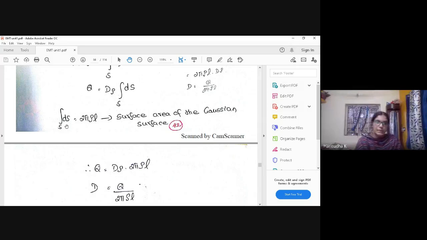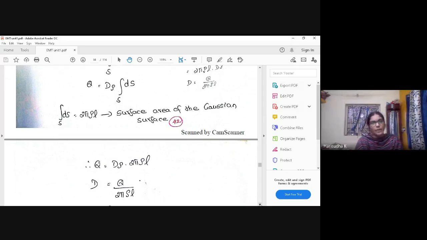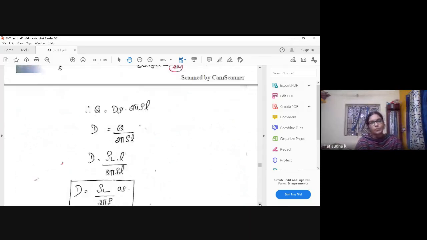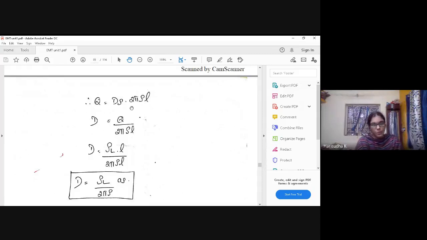So the integral of dS for a cylindrical Gaussian surface will be equal to 2 pi rho L. Therefore, in place of integral dS, I have replaced it with 2 pi rho L. Therefore, Q is equal to D rho 2 pi rho L. Therefore, D rho is equal to Q divided by 2 pi rho L.